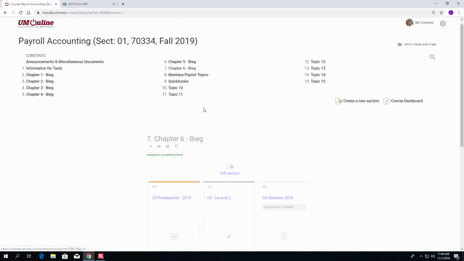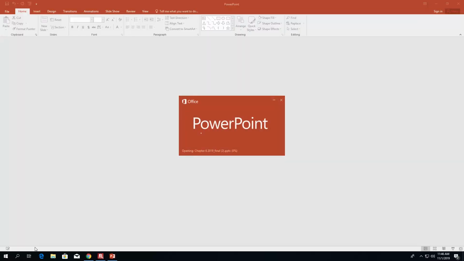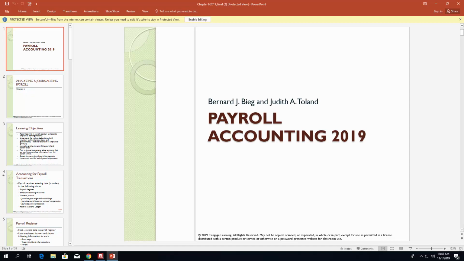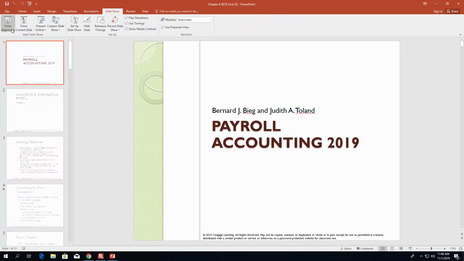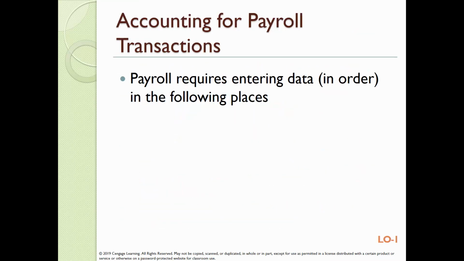So it's a revisiting of debits and credits and some of the forms that we use in preparing our payroll and how that's going to translate into getting the numbers into our financial statements. So analyzing and journalizing payroll.